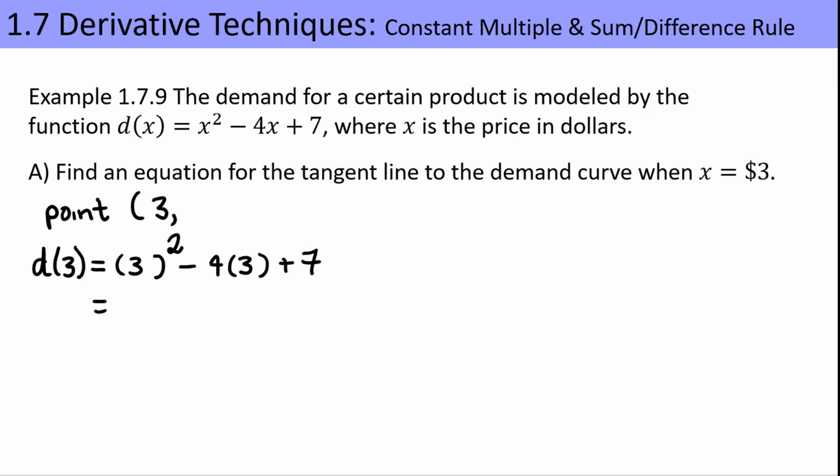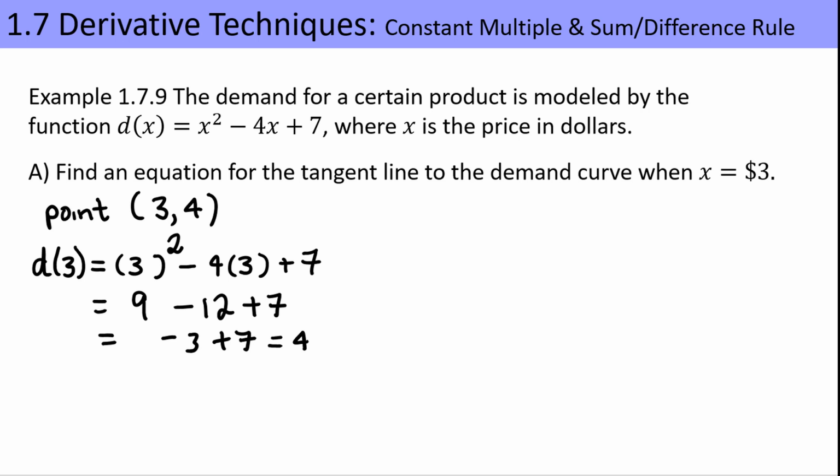And that is equal to 9 minus 12 plus 7, negative 3 plus 7, which is 4. So a point on the tangent line is (3, 4), and that is also the point on the function.